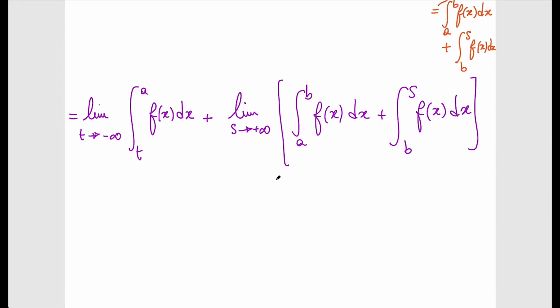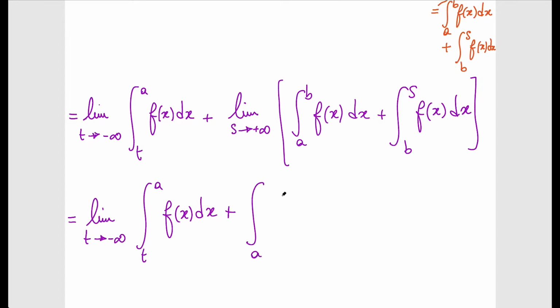So I get the limit as t goes to minus infinity of the integral from t to a of f of x dx, plus that integral from a to b of f of x dx, because this is independent of s as we said, plus the limit of the integral from b to s of f of x dx. So far so good. I get this.